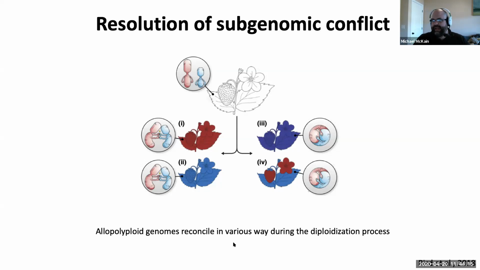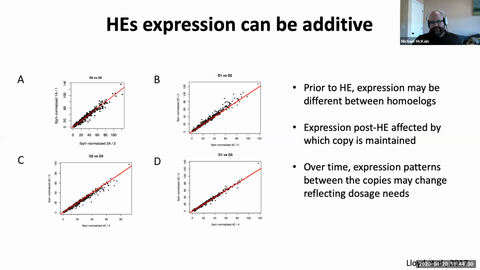But when we have homeologous exchange, especially with replacement, so we're changing the copy to one of the other parent's copy of the genome, then that throws a wrench into everything, right? Because everything was worked out, and now it's got to rework itself. Lloyd et al. in 2017 looked at this, and they found that prior to homeologous exchange, you can have expression variation between homologs.